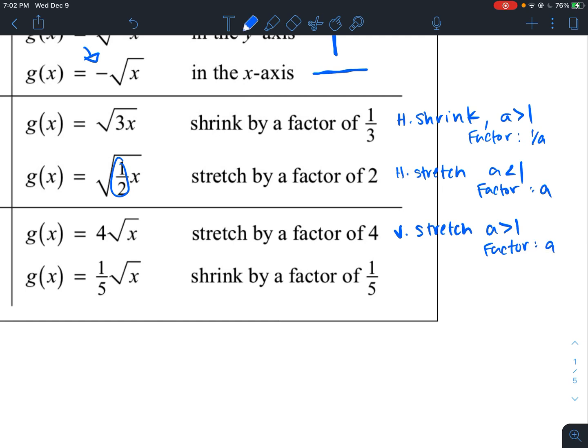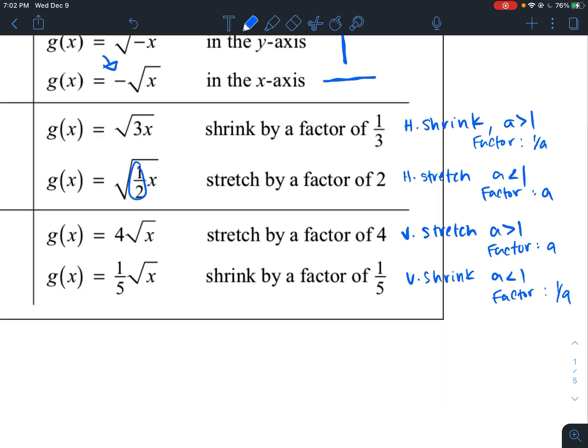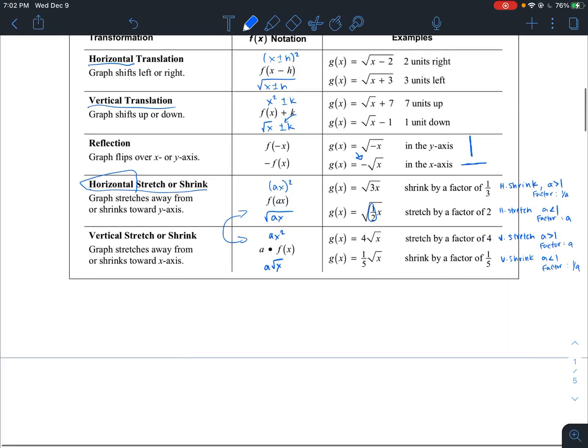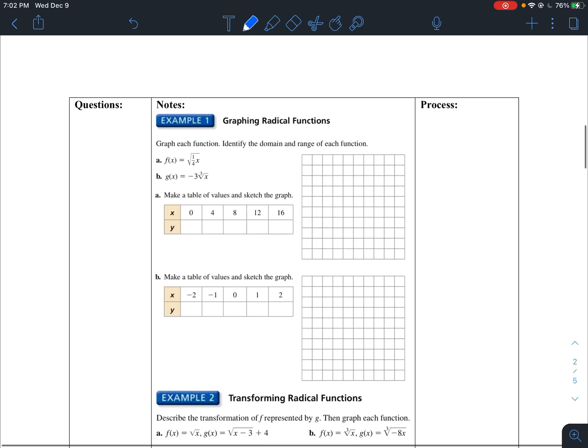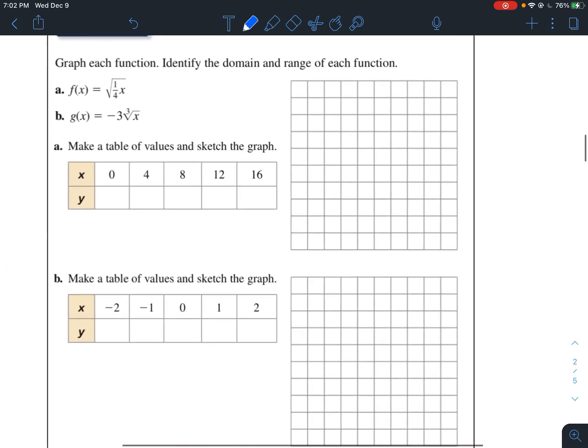And then for a vertical shrink, a has to be less than 1, and the factor is 1 over a. Okay. So that should be a good enough review to show how it applies to radical functions.